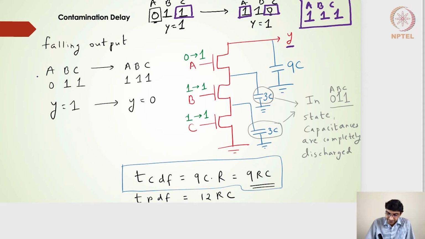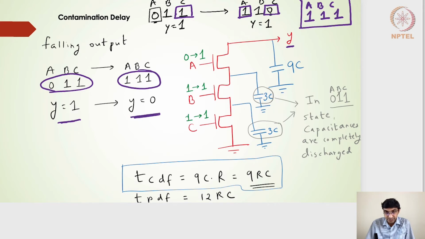So in that case, from 0, 1, 1 to 1, 1, 1, the output was 1 and then it is doing the transition to 0, which is a contaminated output. This is something we don't want. What we wanted was 0, 1, 1 input going to the next state of 1, 1, 0, which means that the output should not have changed.